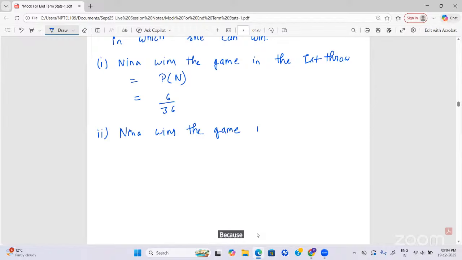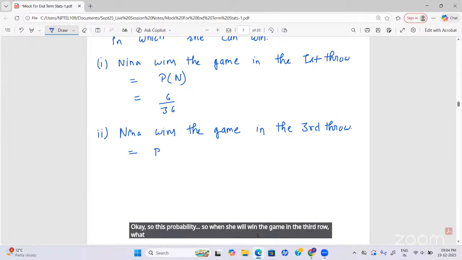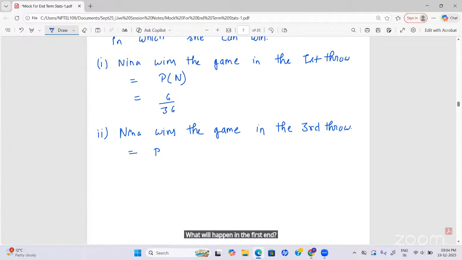This condition is given in the question, that she is starting the game. So when she wins the game in the third throw, what should be the scenario in the first and second throws? Nina loses, Sam loses, and Nina wins.